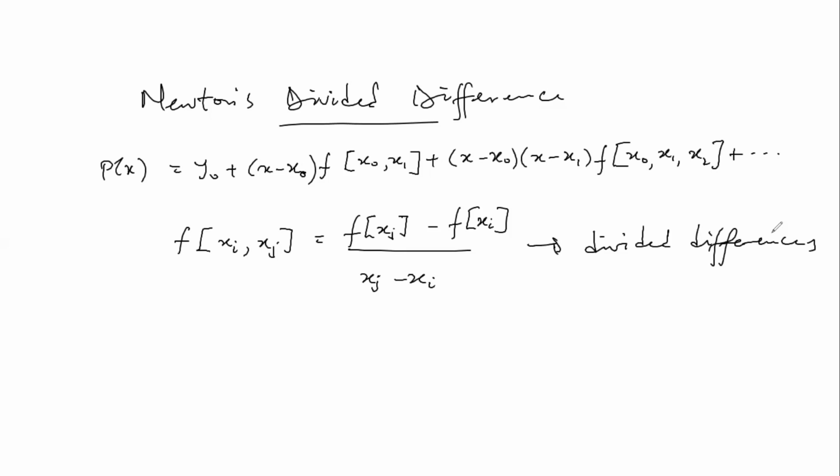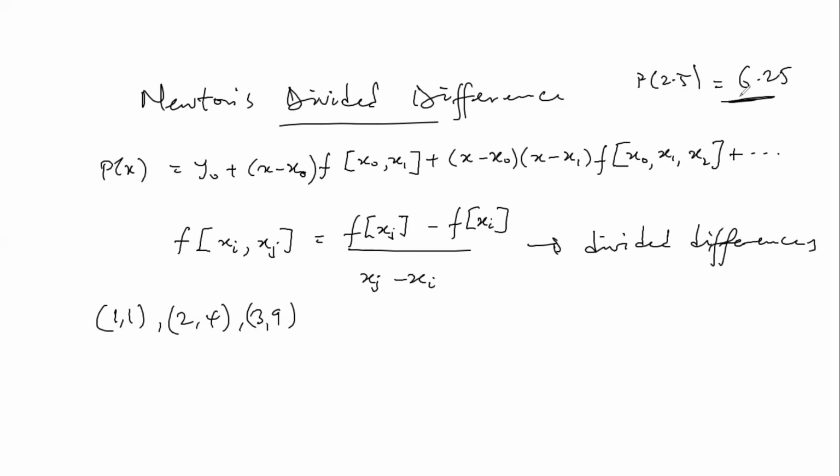Now let's assume we want to play with the same set of data using this approach. We've been given 1, 1, 2, 4, and 3, 9. This is what we played with last time, and we were able to estimate that at point 2.5, we had 6.25.